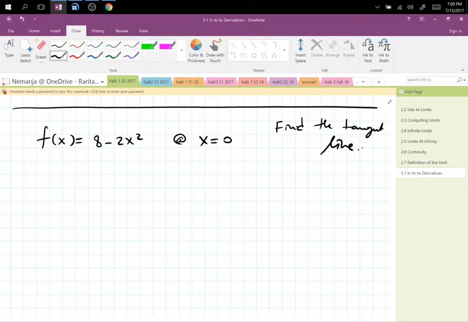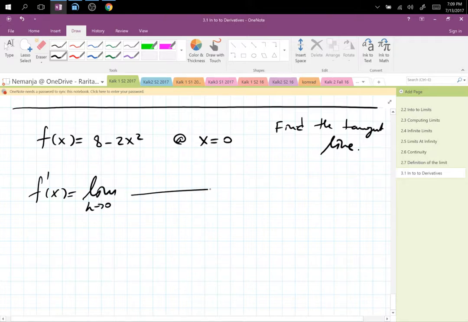All right, let's take a look at this problem together. So f prime of x will be the limit as h goes to 0 of 8 minus 2 times x plus h squared, minus 8 minus 2x squared, everything over h.